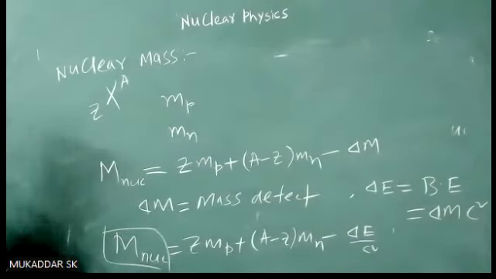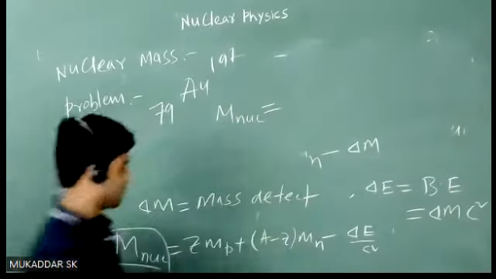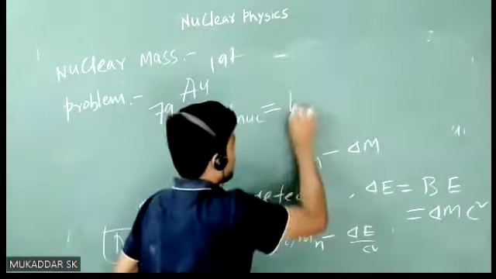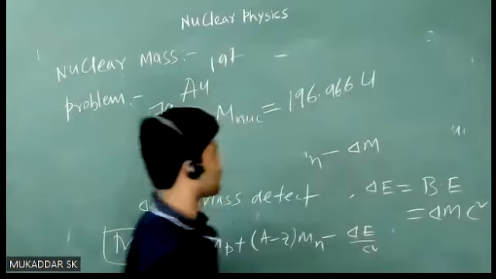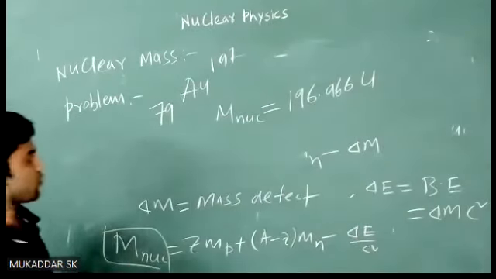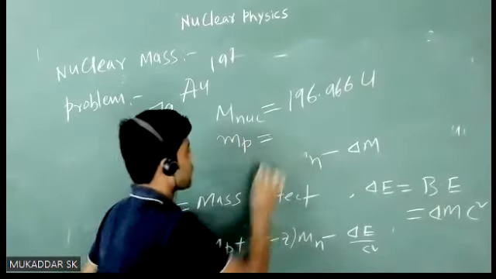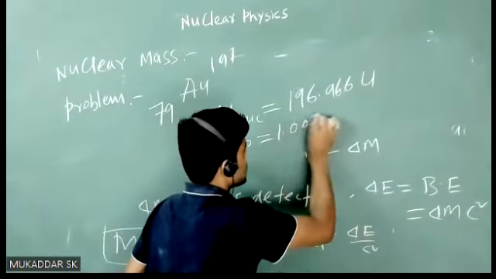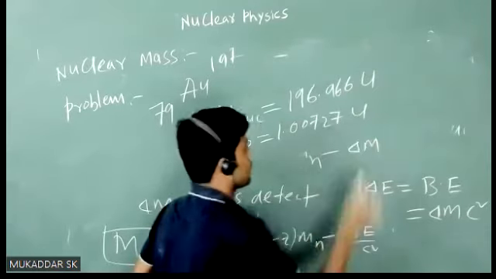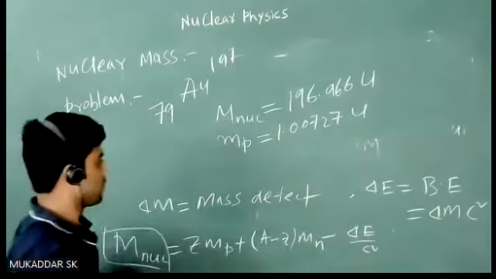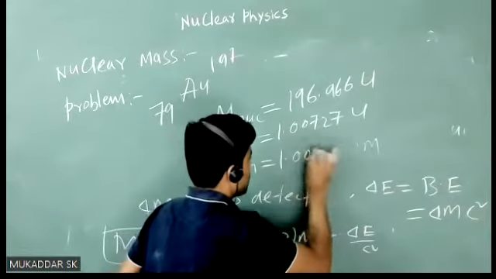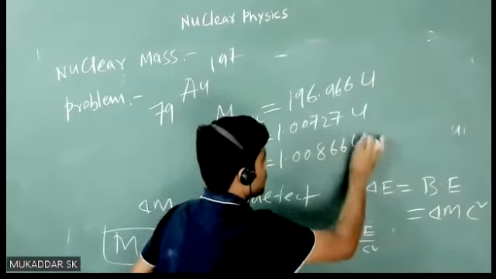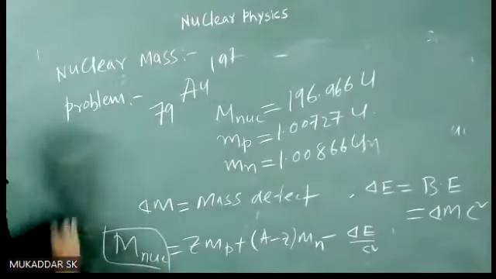The actual mass of the gold nucleus, M nuc, is given as 196.966 U. The mass of a proton is given as 1.00727 U, where U means atomic mass unit, and the mass of a neutron, mn, is given as 1.00866 U. So calculate the mass defect of the gold nucleus.